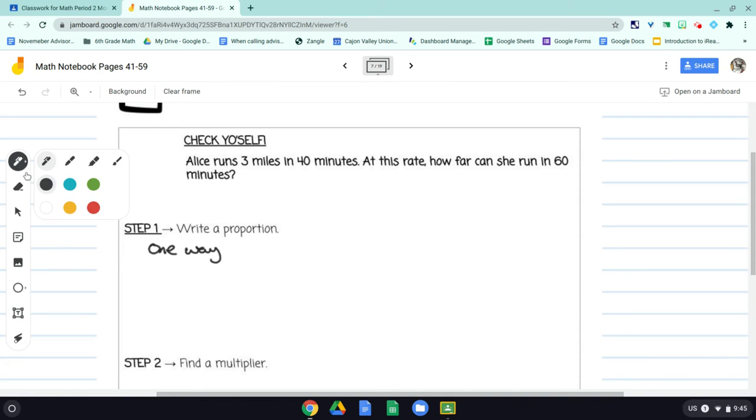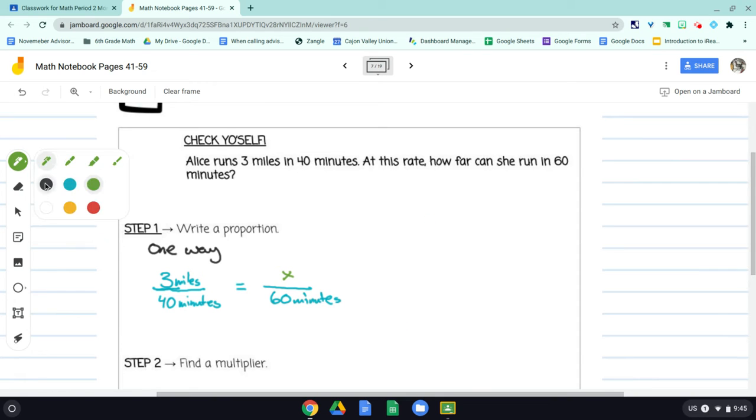She runs 3 miles, let's use blue, 3 miles in 40 minutes. So we got 3 miles on top, 40 minutes on the bottom, and that's equal to how far she would run in 60 minutes. I just don't know what that number is yet. So I'll call that X.